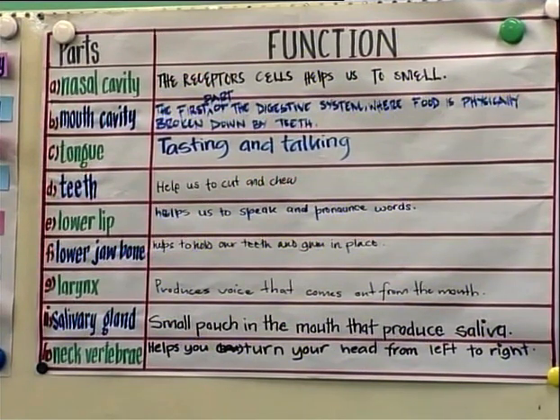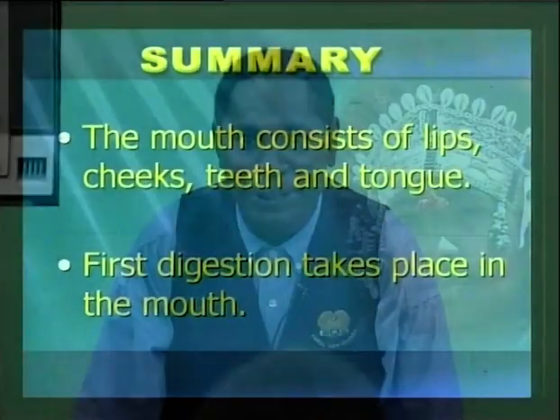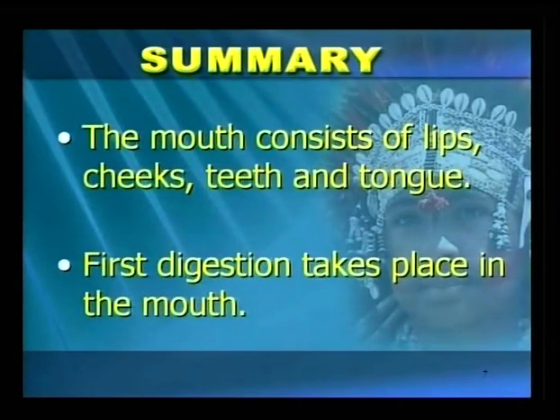Good. Now, we have two summary points. You can get them down quickly. The first one: the mouth consists of lips, cheeks, teeth, and tongue.